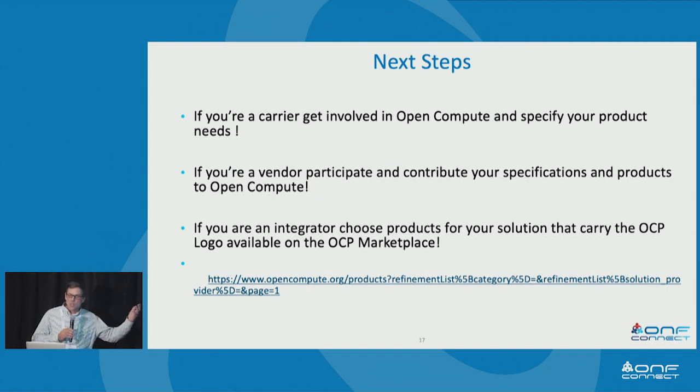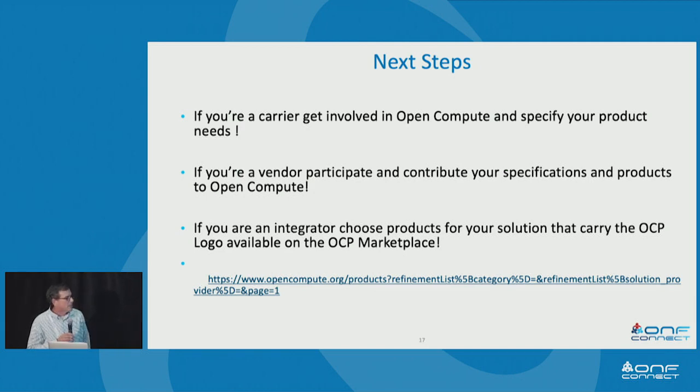On those charts that had the products for switches and compute nodes and whatnot, there are many options that are not OCP contributed, but if there is an option that is OCP contributed, select that option, because that vendor has gone the extra mile to help propel and push this open source movement forward.